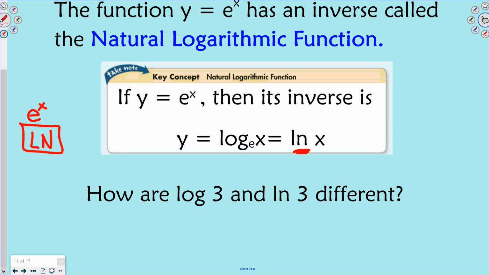Okay, so log of 3 gives me what, 0.47712, blah, blah, blah, bunch of numbers. What about natural log of 3? Is it different? Yeah. Natural log is like 1.0986, blah, blah, blah. Very different. Okay, so I don't want you to think they're the same buttons.